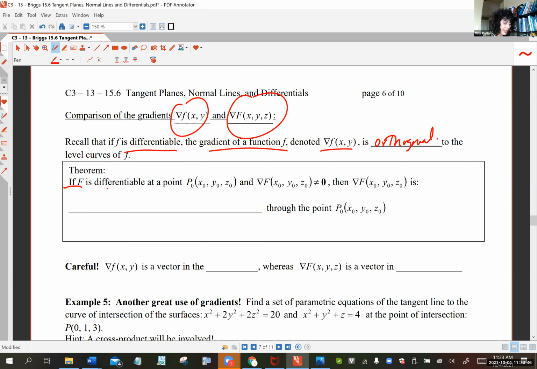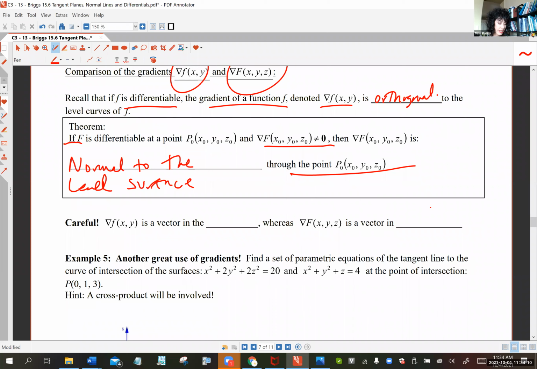Well, if big F is differentiable at a point and big del F isn't the zero vector, then big del F is normal to the level surface through the point P naught. So the key that I want you to get is little del F is a vector in the plane, whereas big del F is a vector in space. That's key.